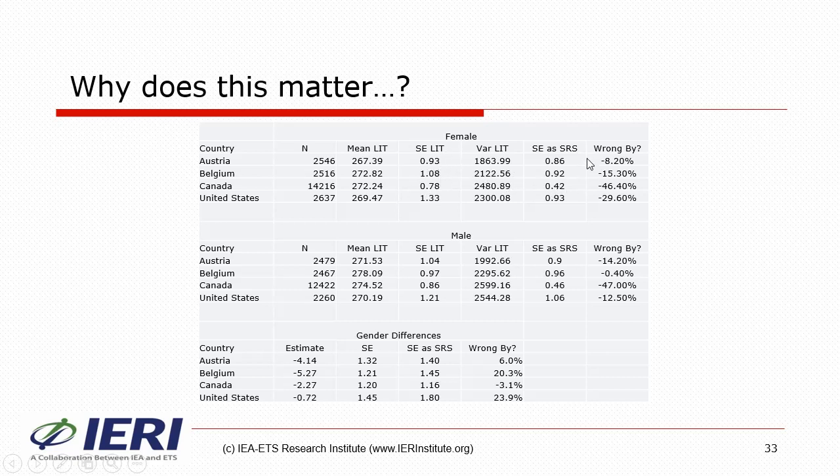And we see that the standard error assuming simple random sample is always smaller. And if we look at the differences between males and females, we see that if we assume simple random sample, the size of the error is actually going to be bigger than if we take into account the dependencies of the sample.